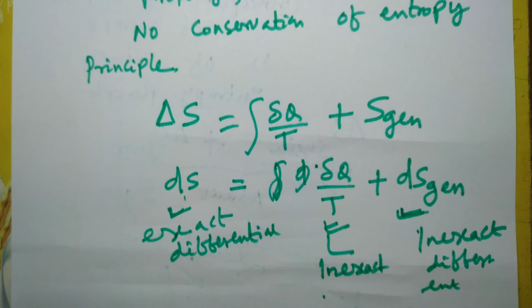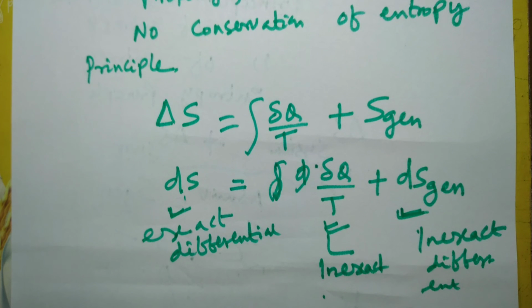But if that value is negative, then that process is not feasible. And one important thing is, during any process undergone by a closed system, entropy change can be both negative and positive, but entropy generation can only be positive or 0 during a reversible process.